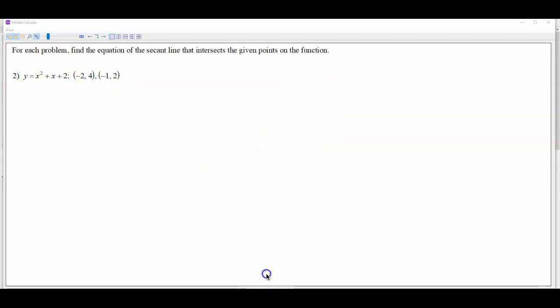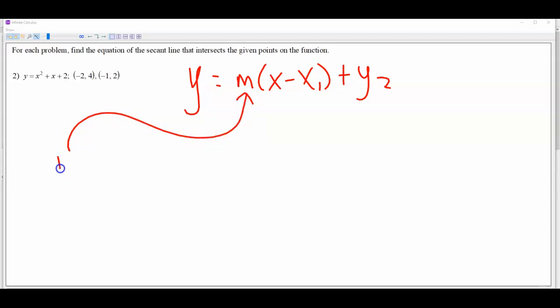All right? So anytime you want to find the equation of a line, we're going to use this old guy here. It's been a little bit since we've seen him, huh? Called the point slope formula. Basically, what we need is a slope and a point.